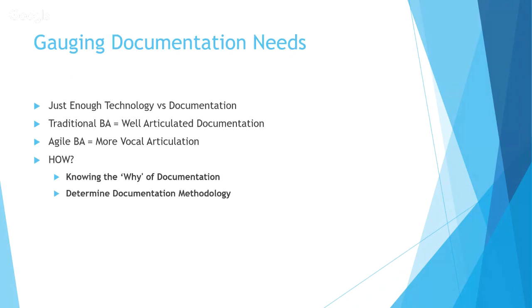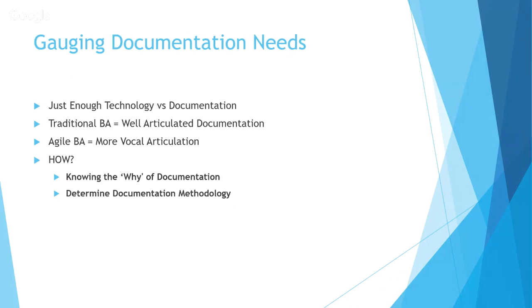Moving along to gauging documentation needs. I commented on this a bit earlier, but it's important that the BA gauge just enough technology, and it's equally important to gauge just enough documentation, right?